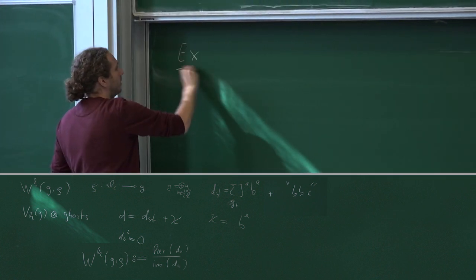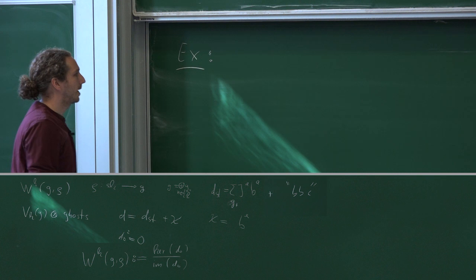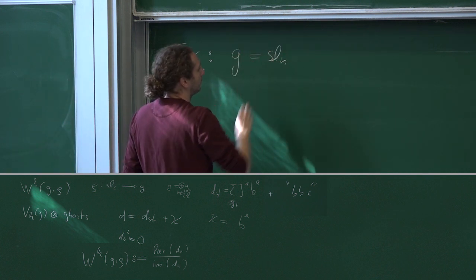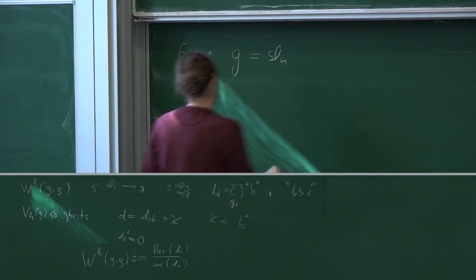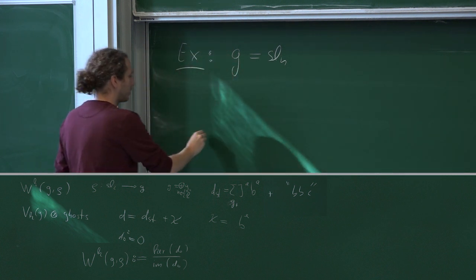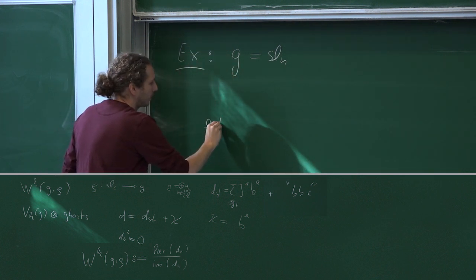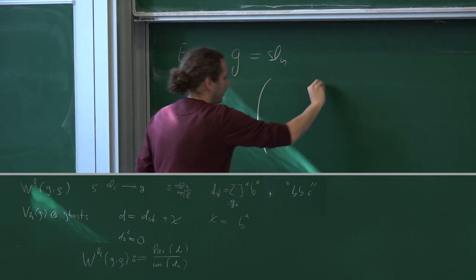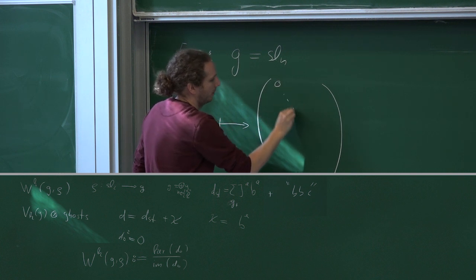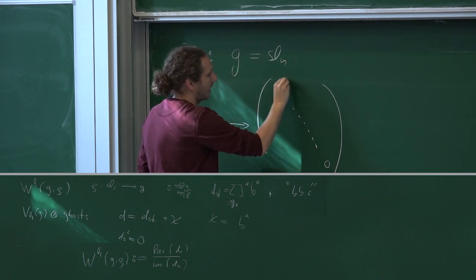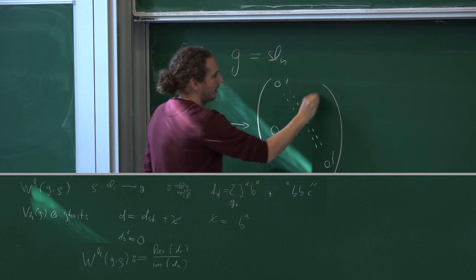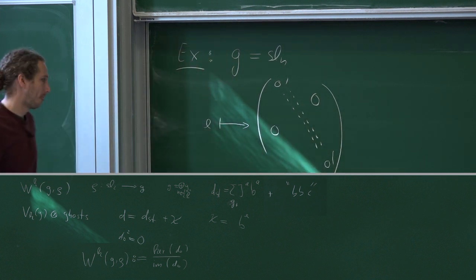And the example here is the most famous one. So we take for G SLN, and we take the embedding which is called the regular embedding. It maps the element E of SL2 to the n by n matrix where we have zeros on the diagonal and ones just above the diagonal and everywhere else zeros.